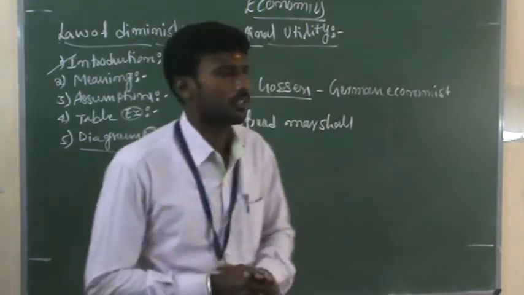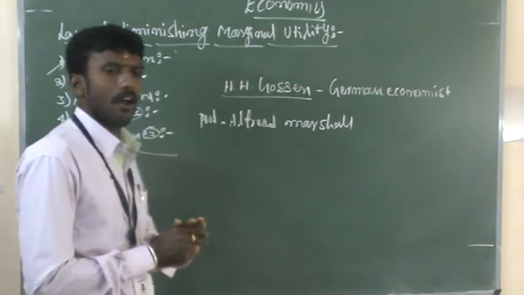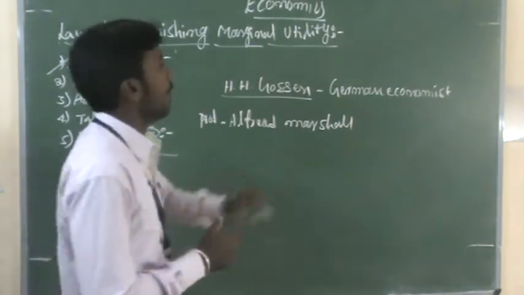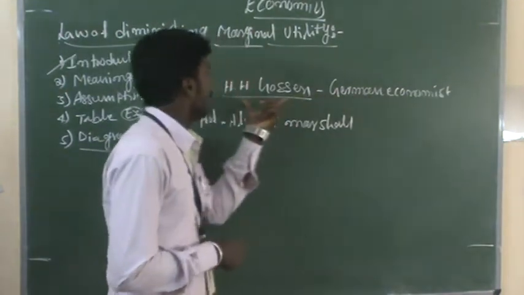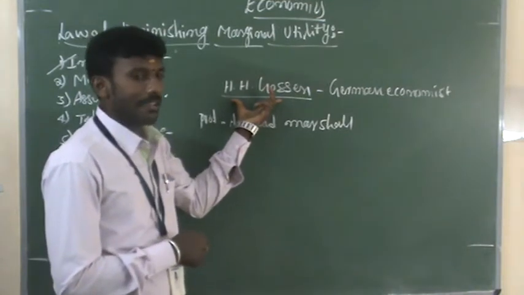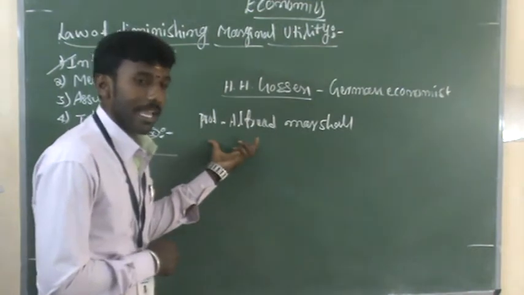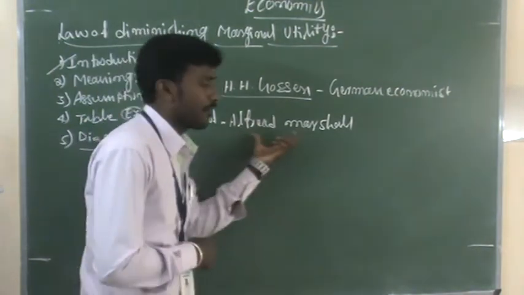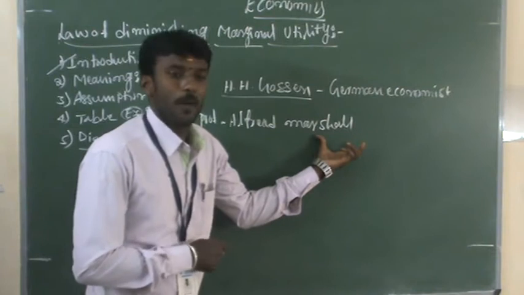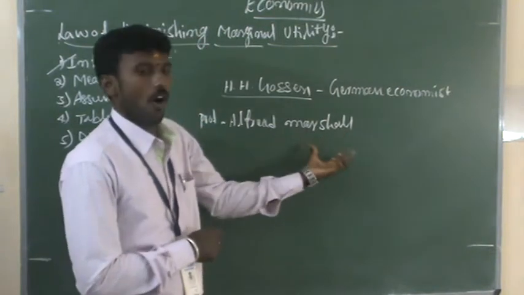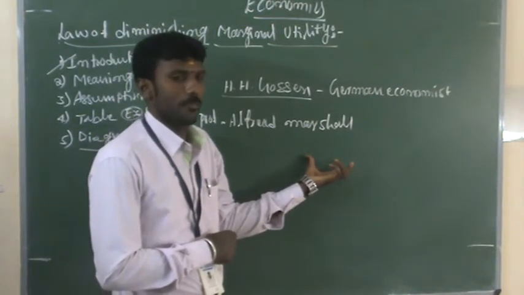Simply I told that the law was first explained by one of the German economists like H.H. Gossen, but later, one of the neoclassical economists, Professor Alfred Marshall, popularized this law of diminishing marginal utility.